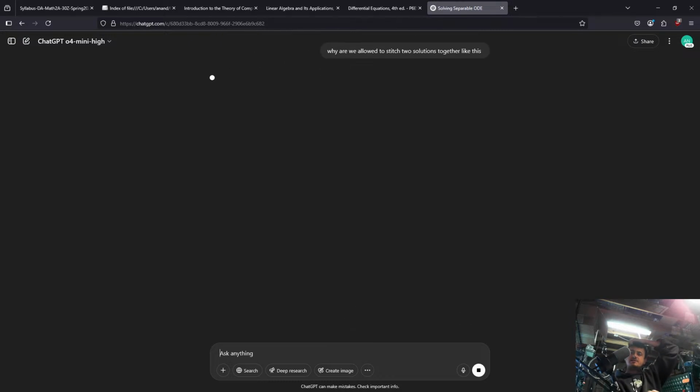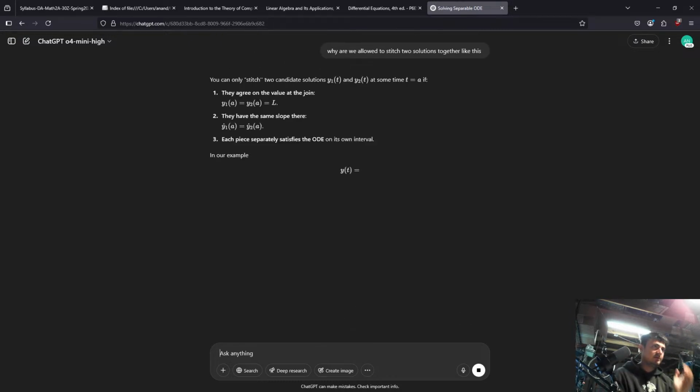Yeah, it's really weird that you can stitch solutions of differential equations together like this.